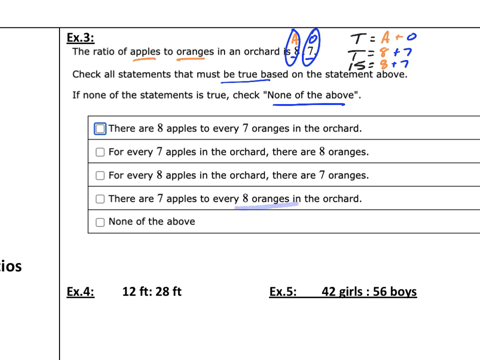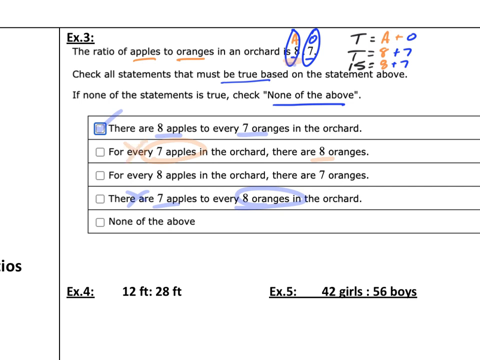So when I look at this one, this says 8 oranges and 7 apples. That's the reverse, so this one can't be it. Then if I look at this one, this is 8 apples and 7 oranges. So that one works. When I look at this next one, it says we have 7 apples, but I'm supposed to have 8 apples, and then 8 oranges, so that one doesn't work.